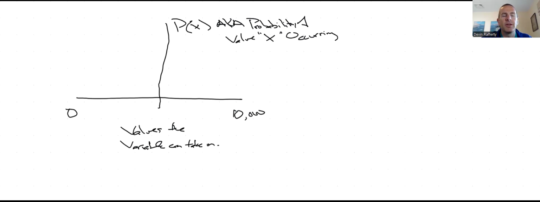So P of X on the vertical axis, that's the probability of value X occurring.